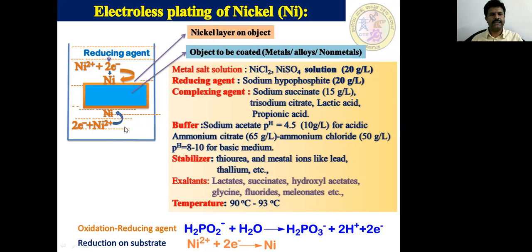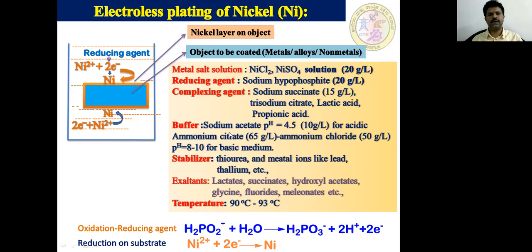And buffer solution is required to maintain suitable pH for the deposition. We can conduct the plating in both acidic media as well as basic media. If you want acidic pH, then the suitable buffer is sodium acetate. It will give pH 4.5.